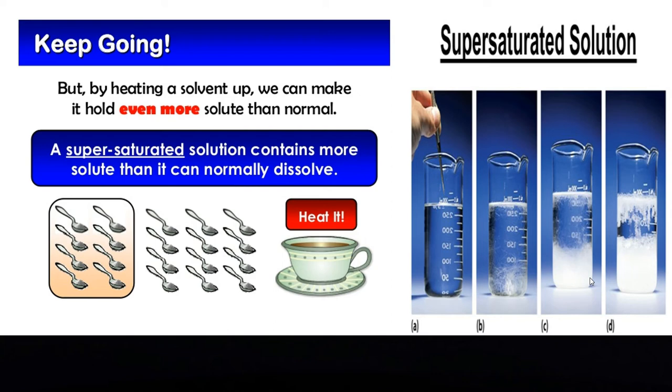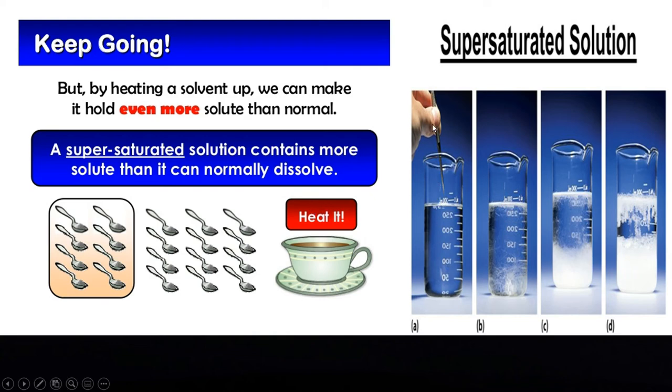If you want to supersaturate it, it's going to hold more than it would normally dissolve. But in order to supersaturate it, you would have to do what to it again? Correct. You're going to have to heat it up. And when you heat it up, those molecules are going to move around.